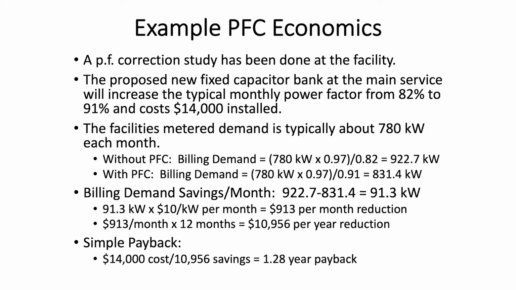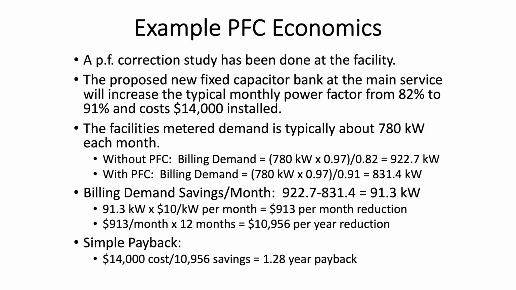Your meter demand is typically about 780 kW. So without power factor correction, 780 times the 0.97 divided by the 82% power factor, I'm paying for 922.7 kilowatts. By putting in the power factor correction, I take the 780 times the 0.97, divide it by my new power factor, and I'm paying for 831.